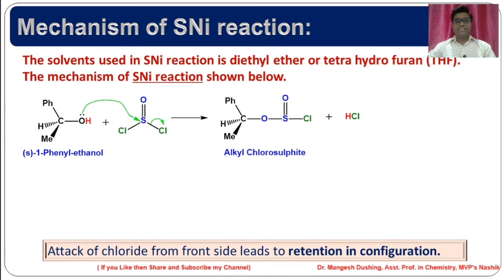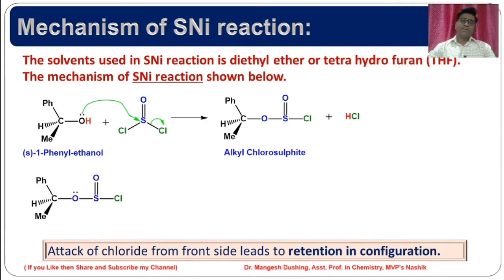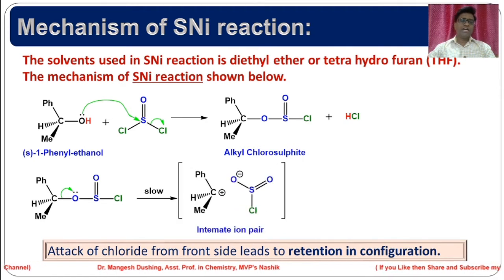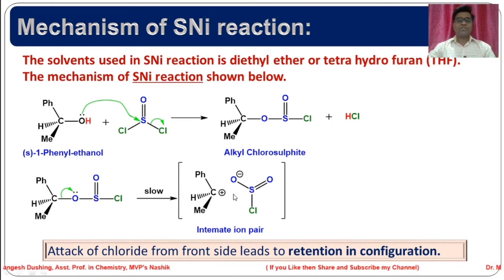Friends, in this case high polarization is there. So what will happen? The carbon-oxygen sigma bond will break, and those electrons go to the oxygen. This is the slow step and we will get these intimate ion pairs. Friends, these intimate ion pairs do not go away from each other. They remain in close vicinity to each other.